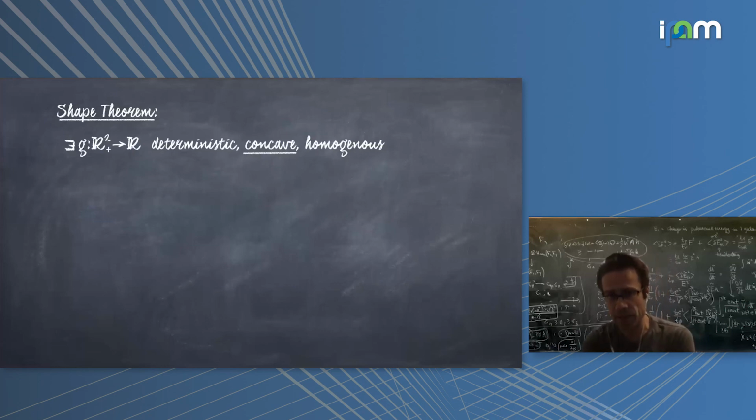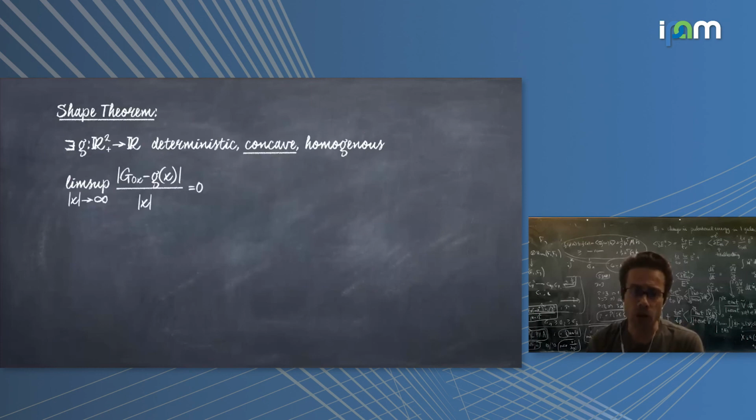It's concave and one homogeneous on the first quadrant. And it describes the linear growth of the point-to-point passage time. So basically G0,x over the L1 norm of x is approximately g of x over the L1 norm of x.